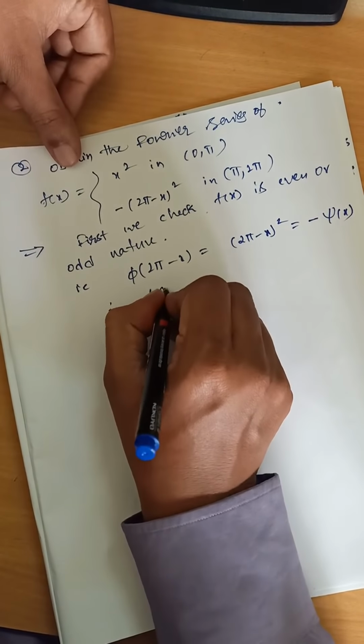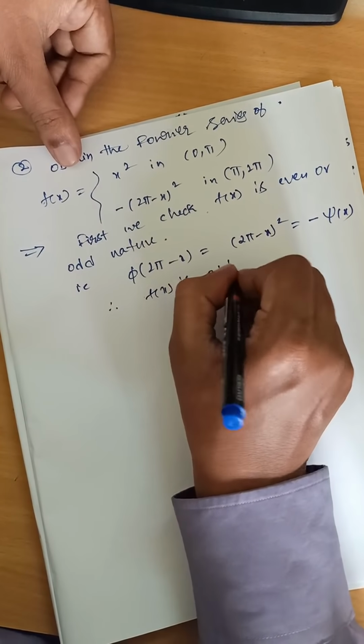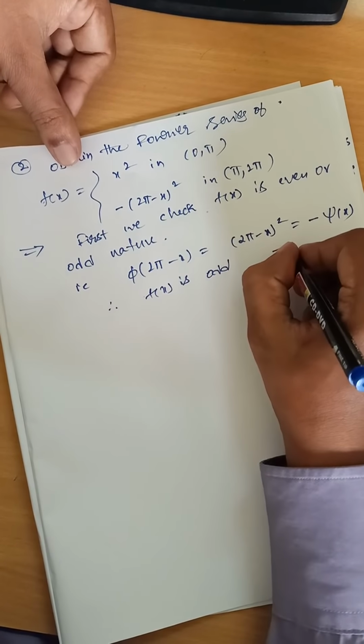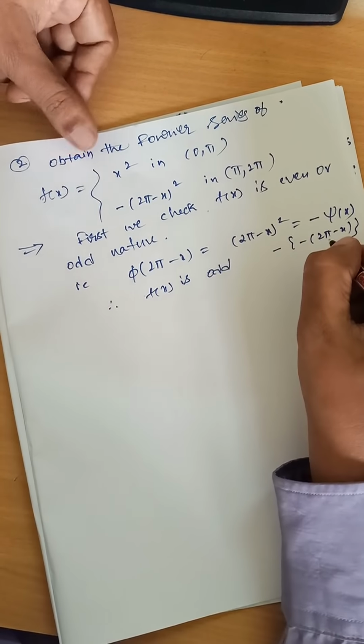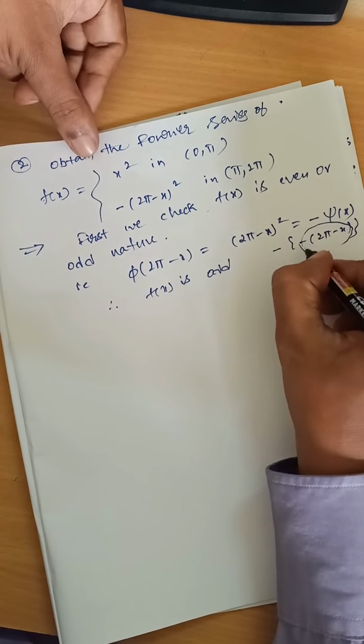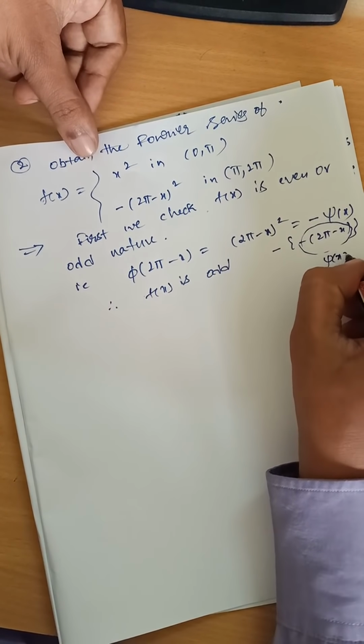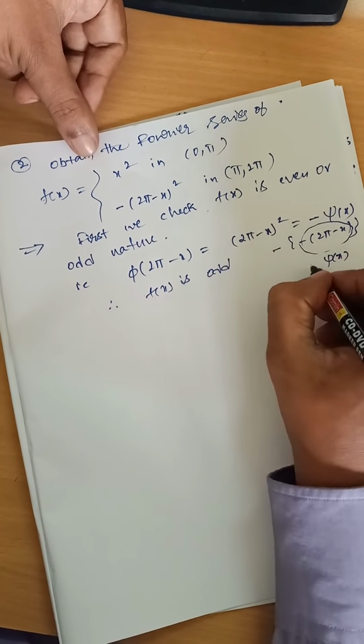Therefore, f of x is odd. That means what? Here you write minus of 2 pi minus x. You rewrite like this. So this thing is psi of x. Here minus is there, minus.